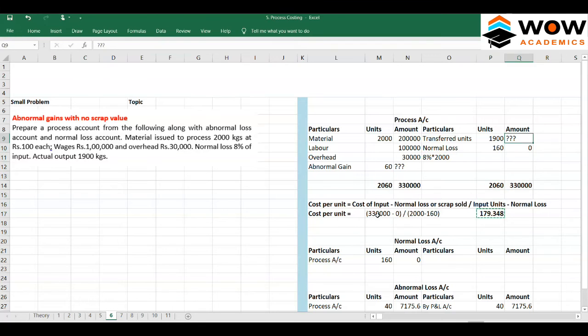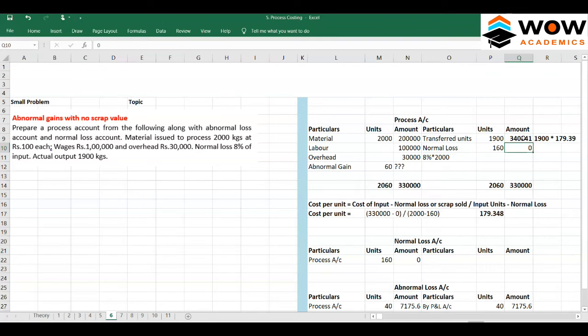So we can multiply this number by 1900 units multiplied with 179.39. If we multiply this, we'll get the answer. Let's see what answer we get.